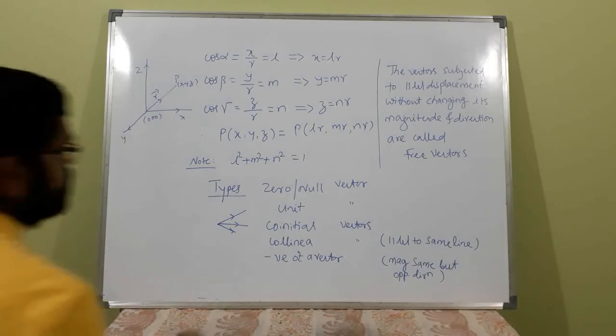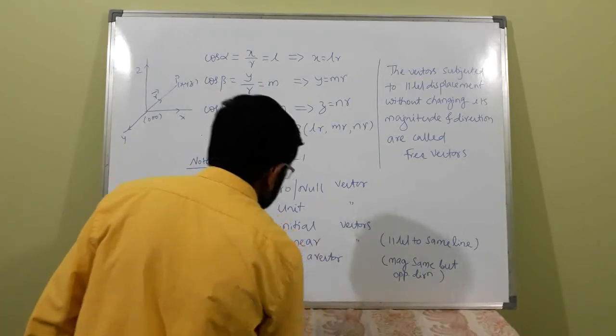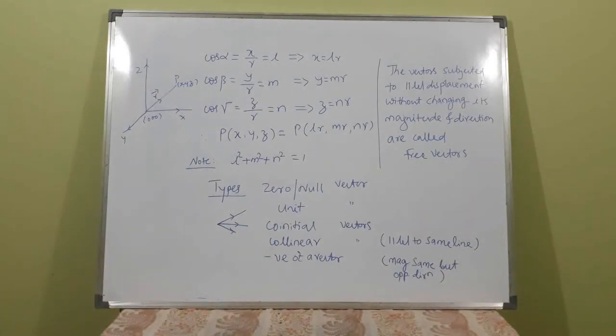Collinear vectors are vectors in the same line or parallel to the same line, the vectors which are parallel to one reference line. Negative of a vector: the vector whose magnitude is the same but direction is opposite is called a negative vector.